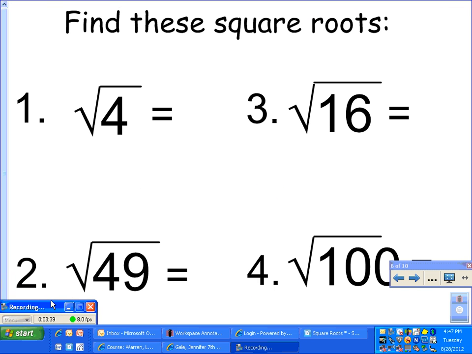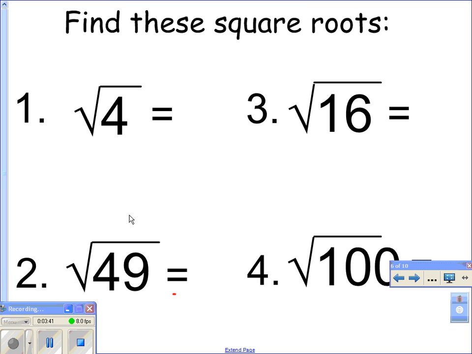So for the square root of these, we'll do 1 and 2 together, then you can do 3 and 4 on your own. What number times itself equals 4? Okay, we know that 2 times 2 equals 4, so the answer would be 2 for number 1. What number times itself equals 49? 7 times 7 is 49, so the square root of 49 is going to be 7.